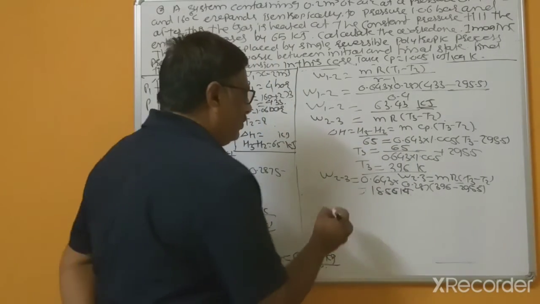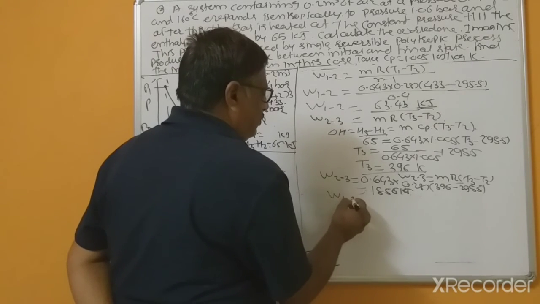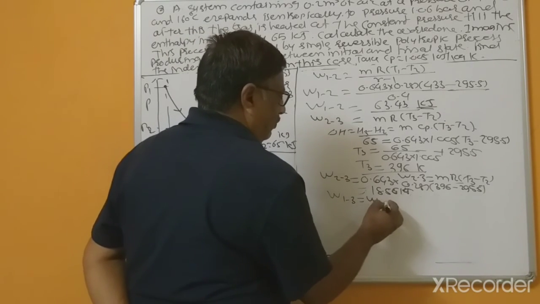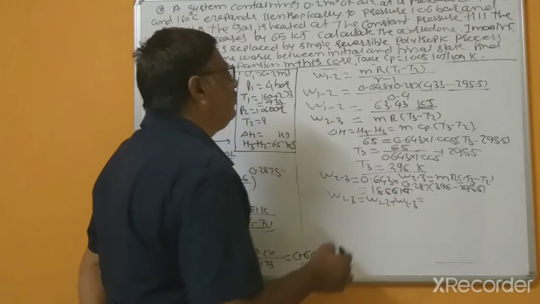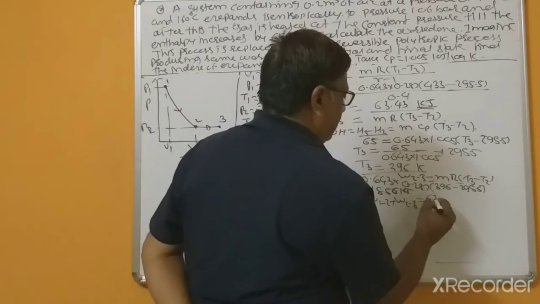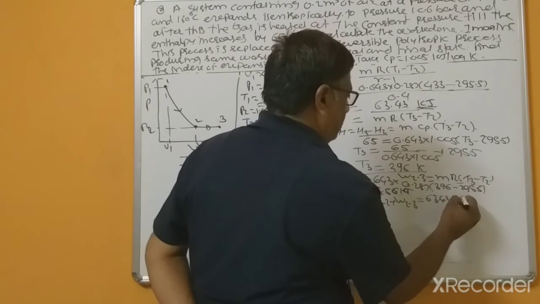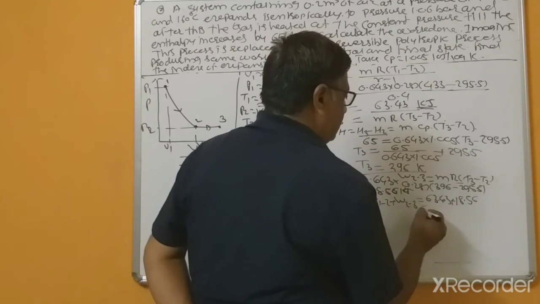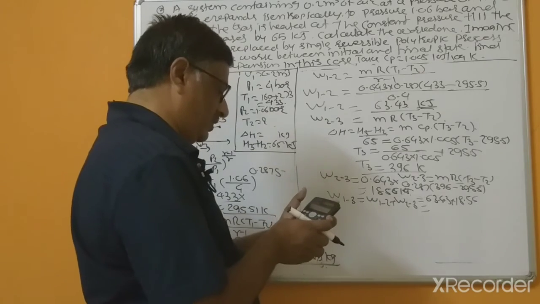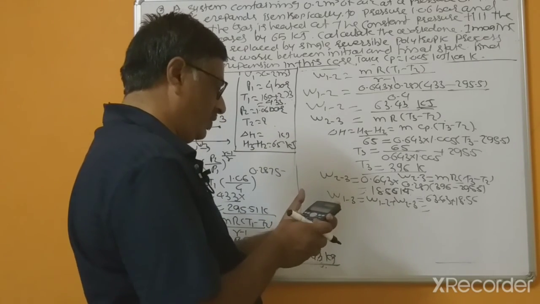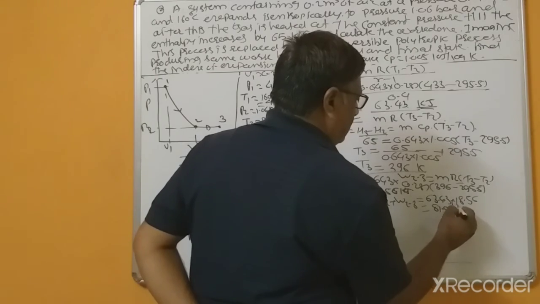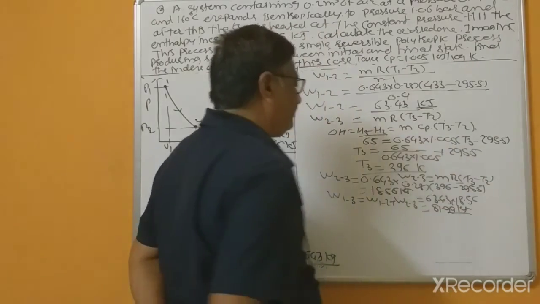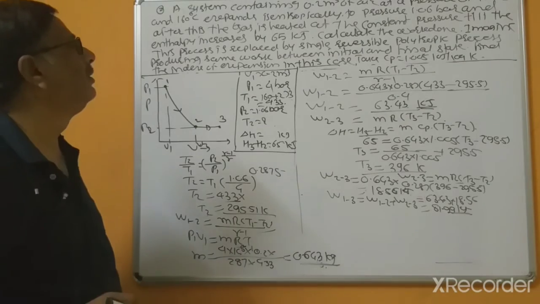So the total work done 1:3 equals work done 1:2 plus work done 2:3, that is 63.43 plus 18.56, which is 81.99 kilojoule.